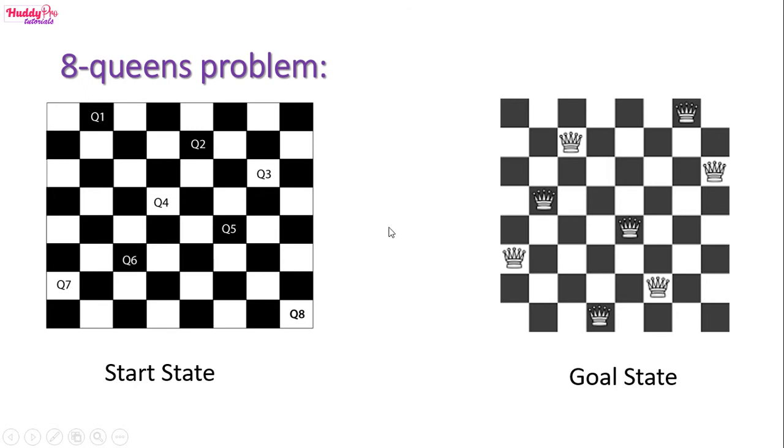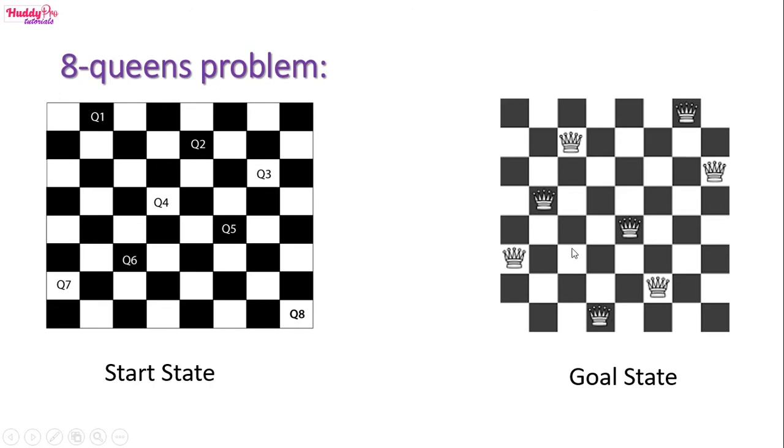So our aim is to ensure that we have something like this, whereby when you look at, for example, this queen, this is its column, there is no other queen, and in its row there is no other queen. Then diagonally there is no other queen, and in this diagonal still no other queen. So whichever direction, diagonally, up, down, it doesn't attack any queen. The same applies to all these other queens.